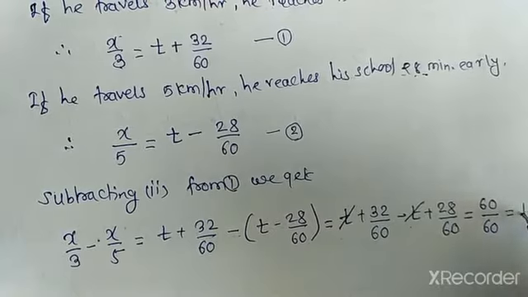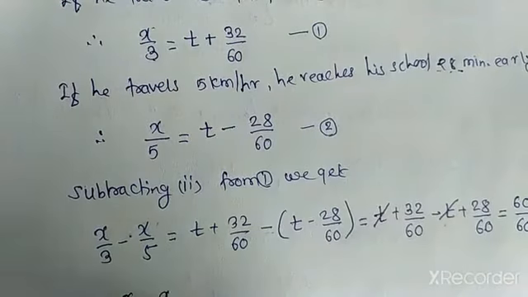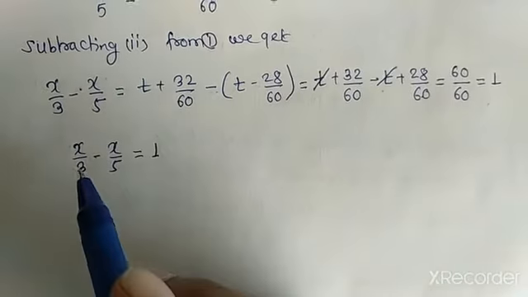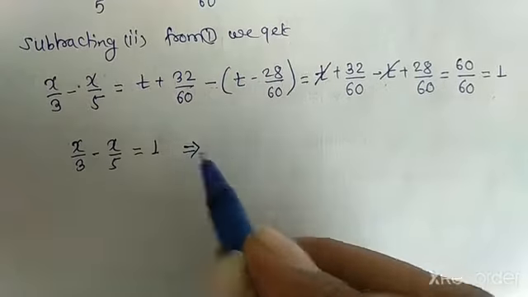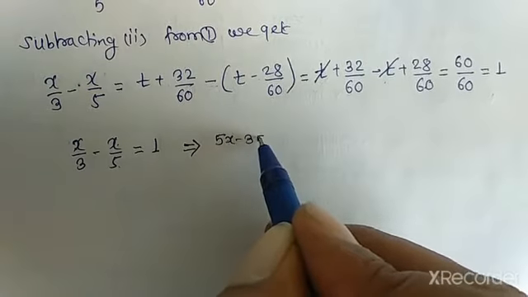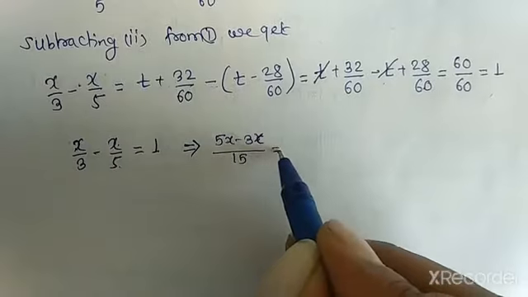Which is equal to 1. Okay, so we get x upon 3 minus x upon 5 is equal to 1. So here taking LCM, 5x minus 3x upon 5 times 3, which is 15, is equal to 1.